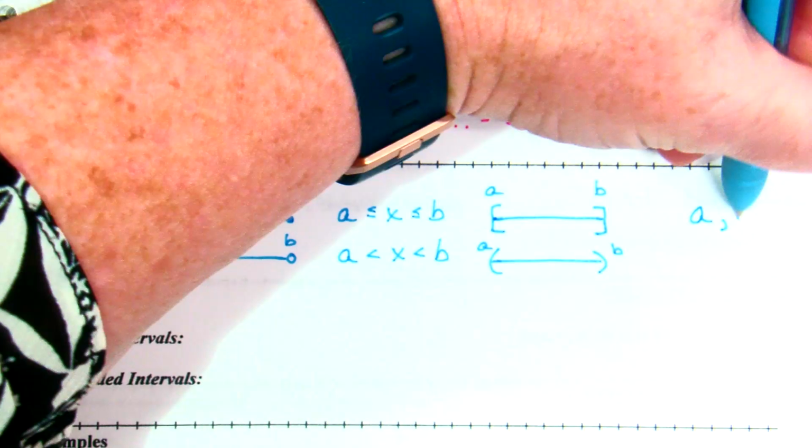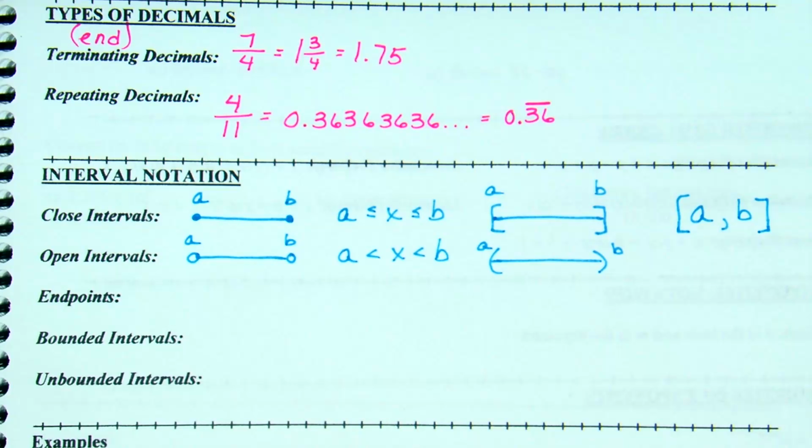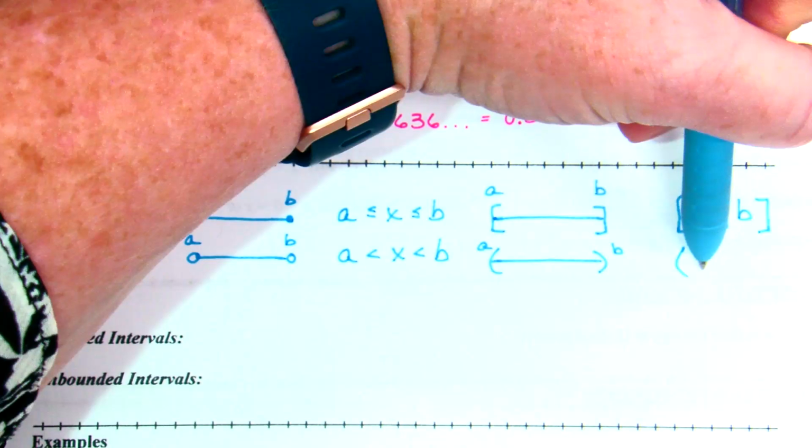So we say bracket, A, comma, it ends at B, and B is included, so we use a bracket. That's not an ordered pair there. That's an interval, saying from A to B. The difference here, if the endpoints are not included, is that we use parentheses.